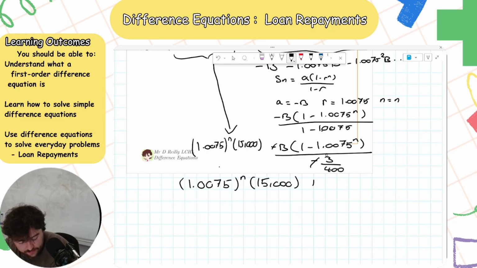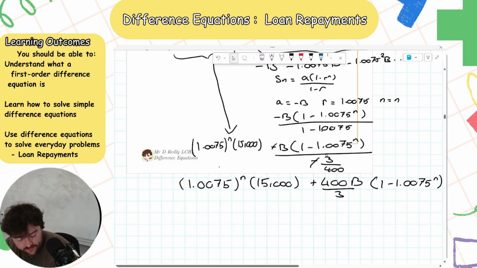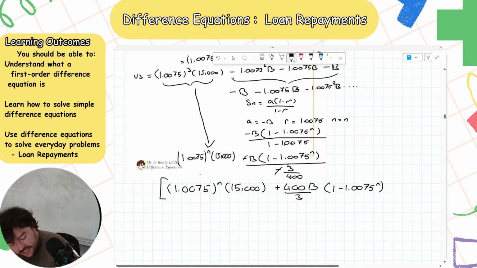So I'm left with plus 400 over 3 B times 1 minus 1.0075 to the power of n, plus 1.0075 to the n times 15,000. I think we're done here, we can't really expand it anymore. That's expanded out enough for what we need.